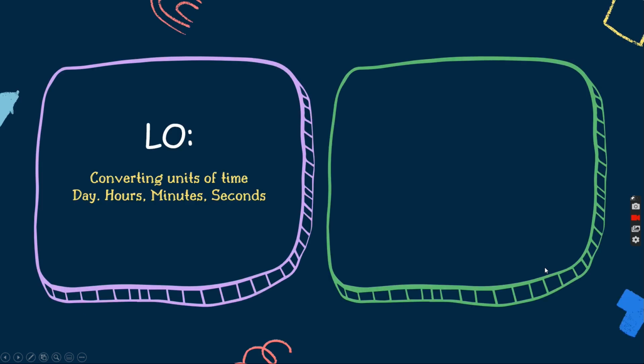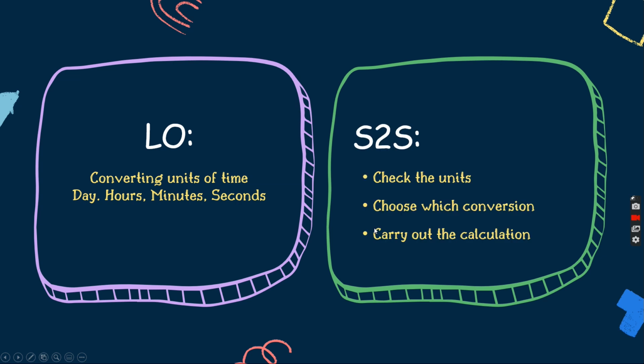Okay, so let's quickly recap our LO for today. Today we are converting units of time: day, hours, minutes, and seconds. And our S2S: first we check the units, then we choose which conversion to use, and then we carry out the calculation one by one.